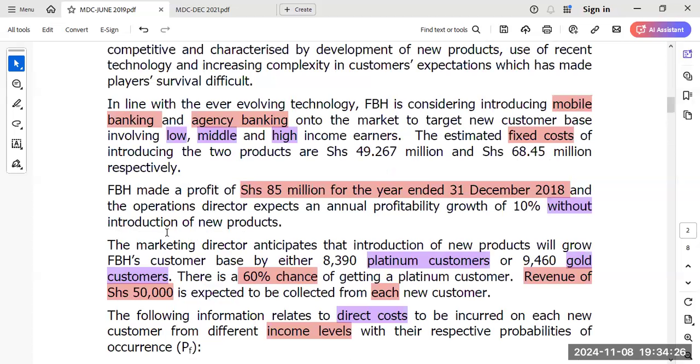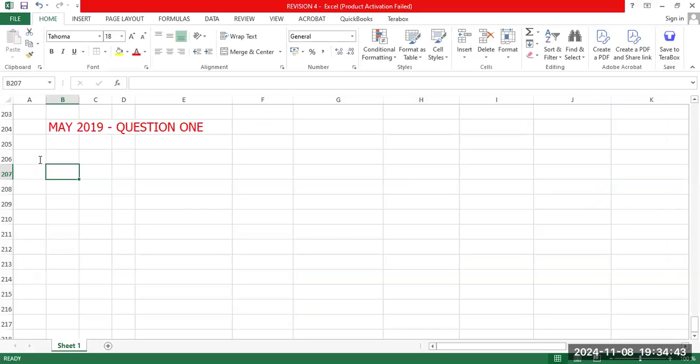or from my case study? What are the decision alternatives you have observed? Decision alternatives. Who can tell me a decision alternative? It's mobile money. Number one, you have the option of introducing mobile banking.